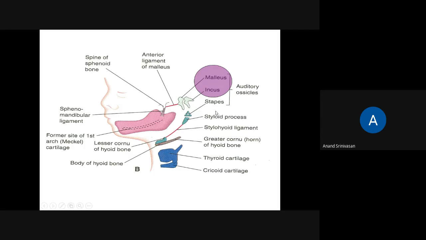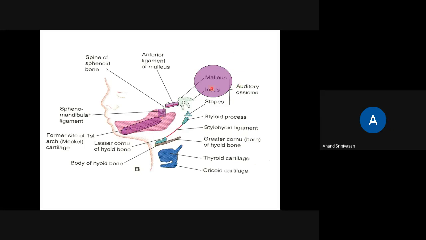Here you can see malleus and incus, the anterior ligament of malleus, the sphenomandibular ligament, and the mandible.